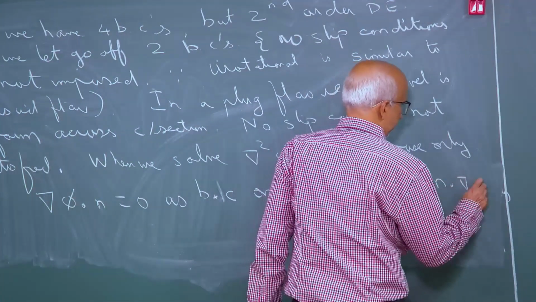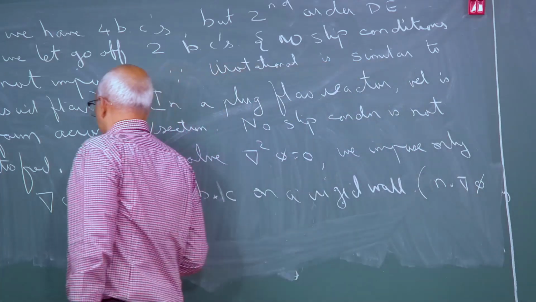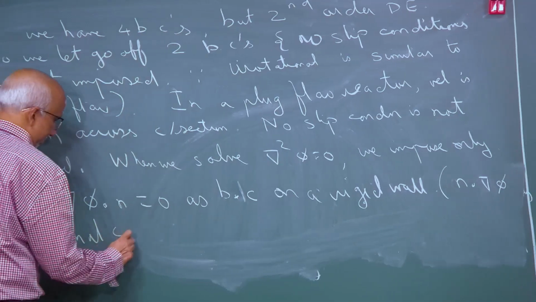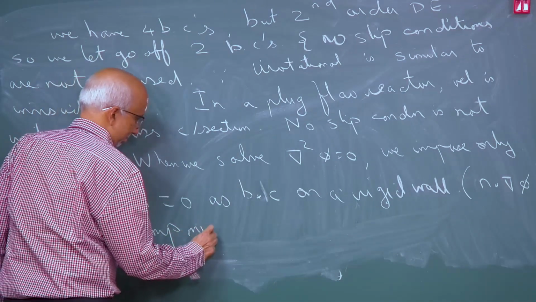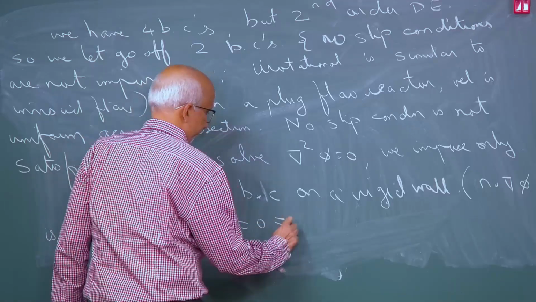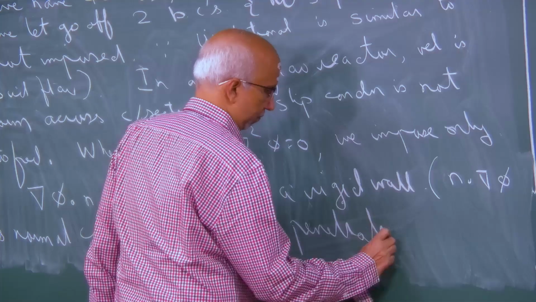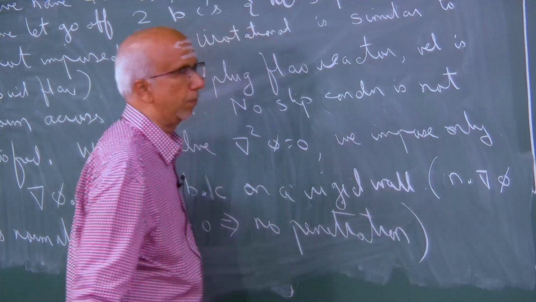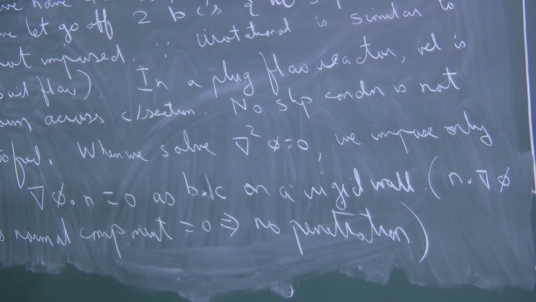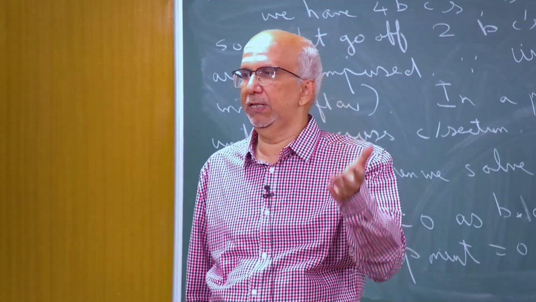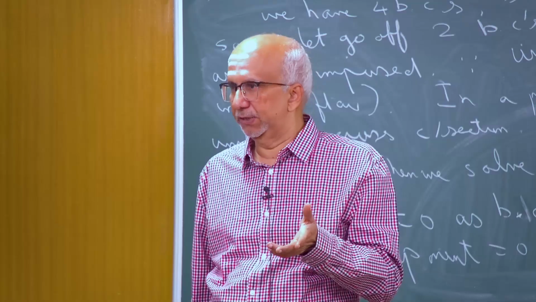N dot del phi is... okay. So, that is basically what it is. So, in some sense the flow field that you are going to get does not satisfy all the boundary conditions.